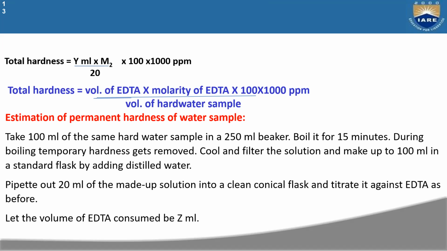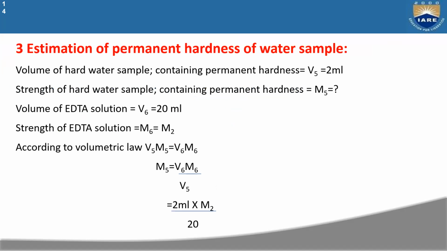The third step is estimation of permanent hardness of water sample. Permanent hardness means we have to remove the temporary hardness by boiling. So see, estimation of permanent hardness of water sample.